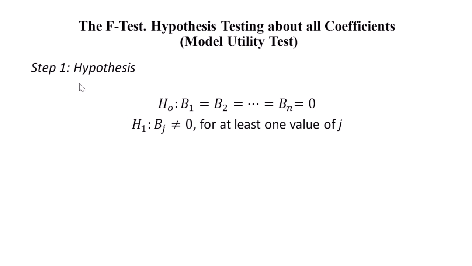So the first step is to write out the hypothesis. In this case, we only have two independent variables. We will stop over here. And the alternative is a constant: at least one of the coefficients is not equal to 0.